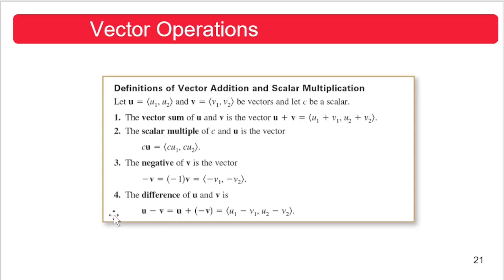Number 4, the difference of the two vectors U and B is obtained by subtracting vector B from U, and this can also be written as the sum of the vector U and the negative of vector B. So this difference is a vector with components U sub 1 minus B sub 1 as the first component, and U sub 2 minus B sub 2 as the second component.